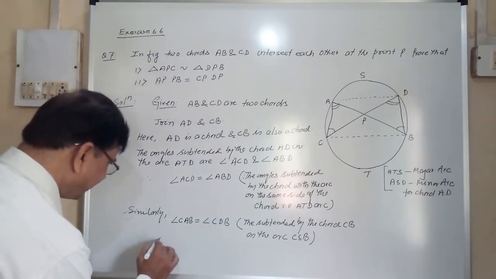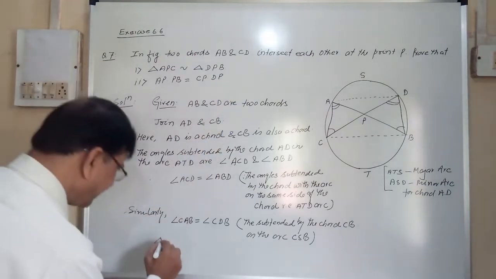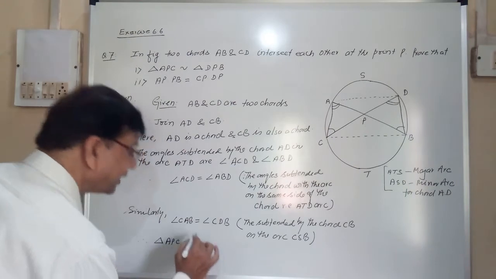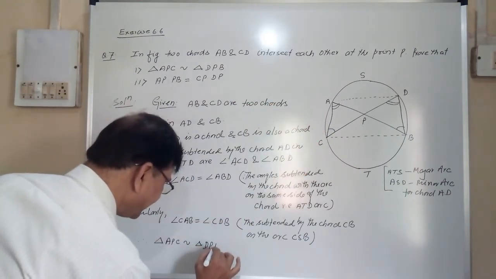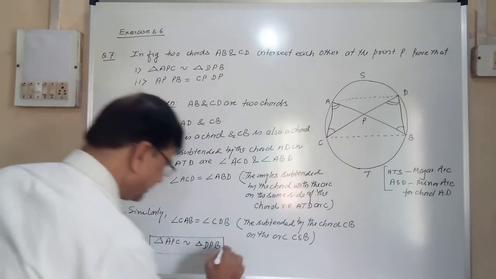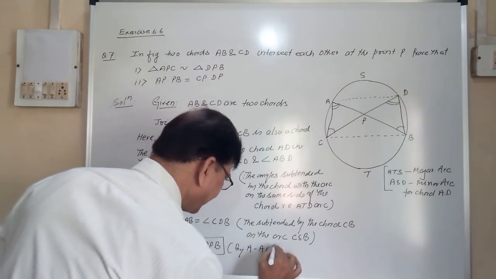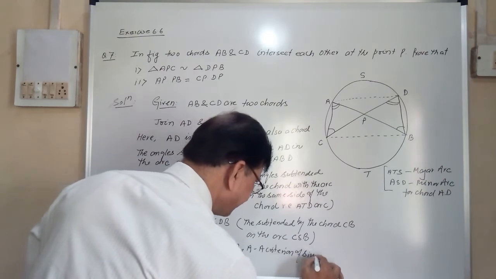Therefore, triangle APC is similar to triangle DPB, by the AA criterion of similarity.